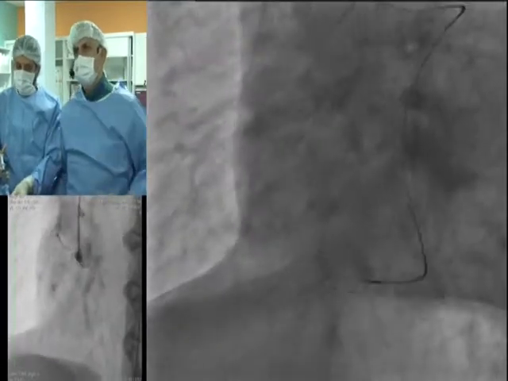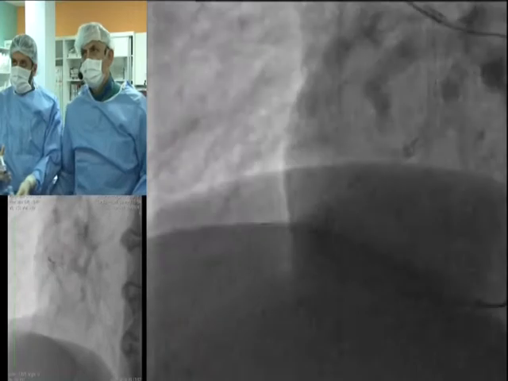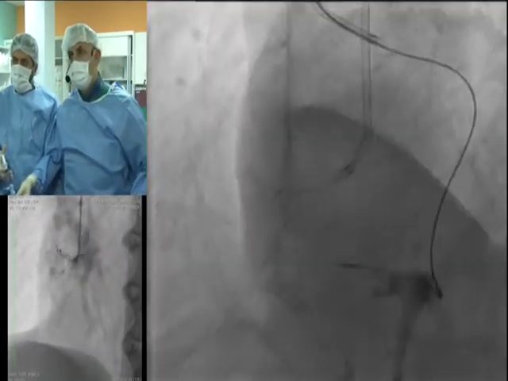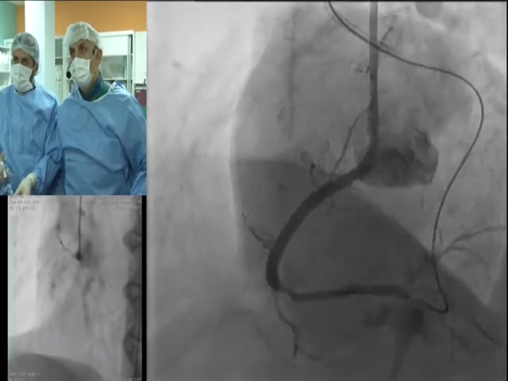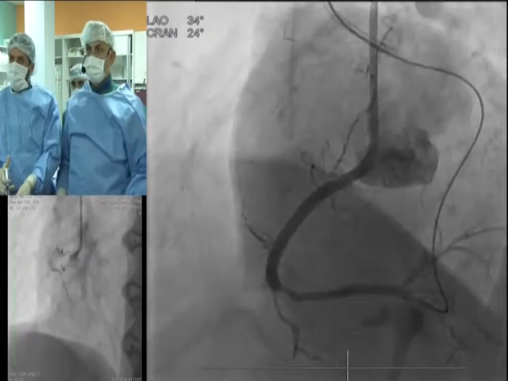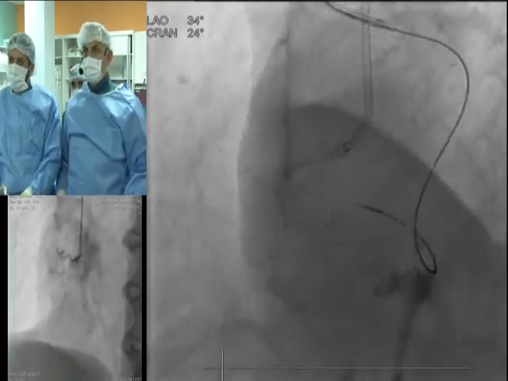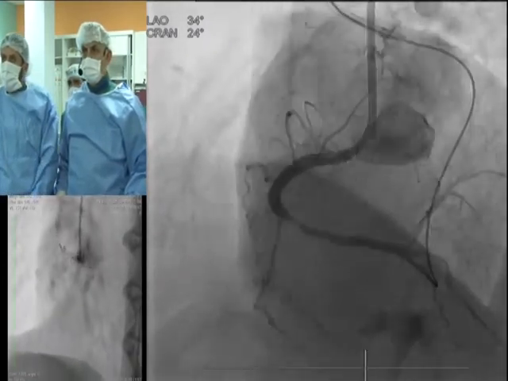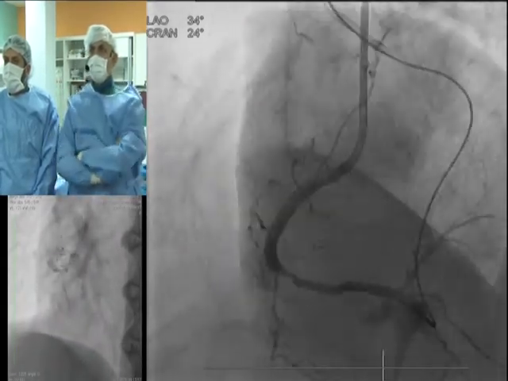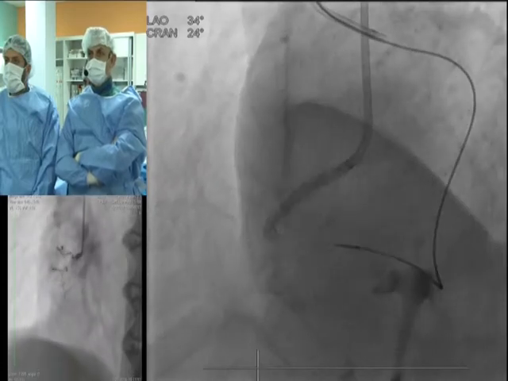Left cranial, please. Okay. For sure, there is a disease part.